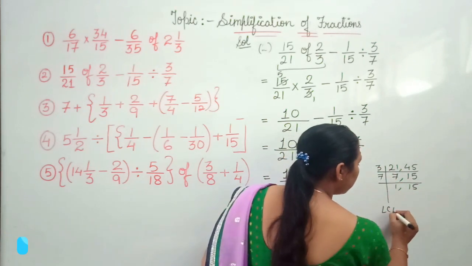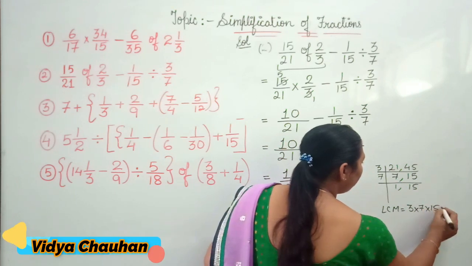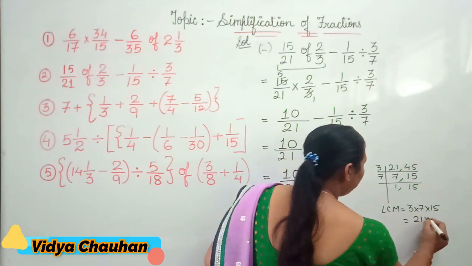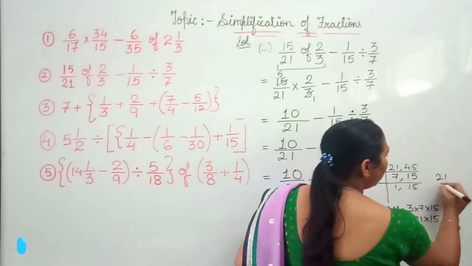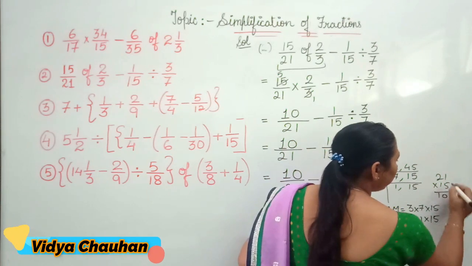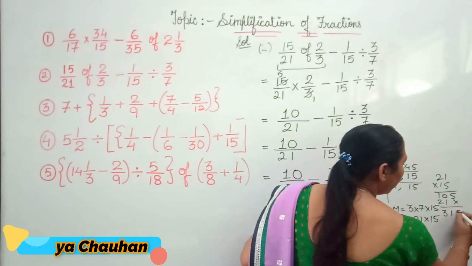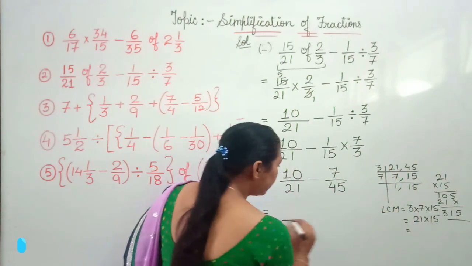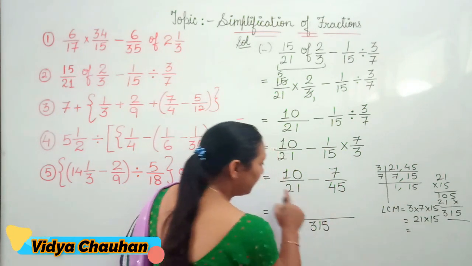So the LCM is equal to 3 multiplied by 7 multiplied by 15, that is 21 into 15. So what is 21 into 15? Let us multiply the terms here. So it is 315. So the LCM of 21 and 45 is 315.